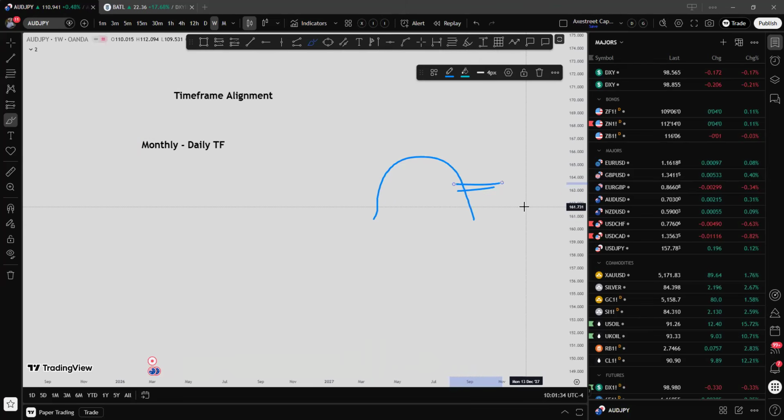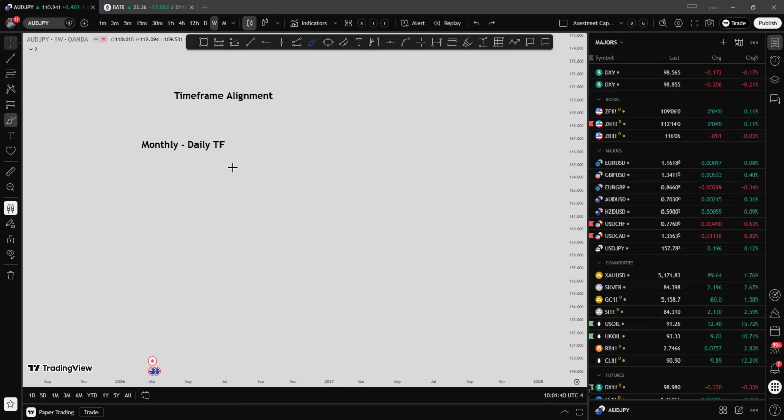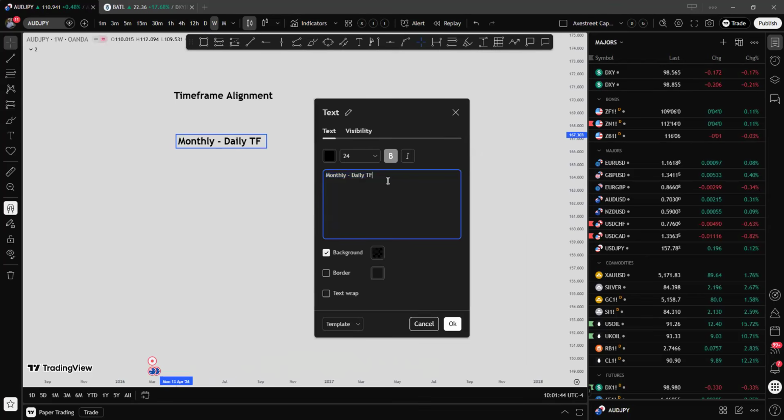You'd look for a daily PD array and a 1 hour execution on a certain session. And that's pretty much how it works, and it's really straightforward. So from the monthly, you go to the daily and look for your key levels. From the weekly, you go into the 4 hour time frame and you look for your key levels and confirmations.